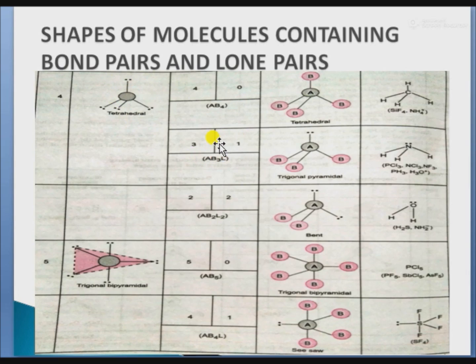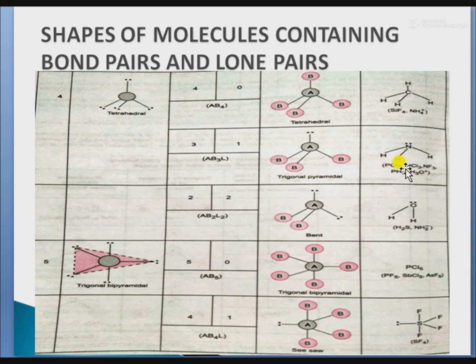If there is one lone pair and 3 bond pairs, then the formula is AB3L and its geometry is distorted and it becomes trigonal pyramidal, with one lone pair instead of the 4th atom.